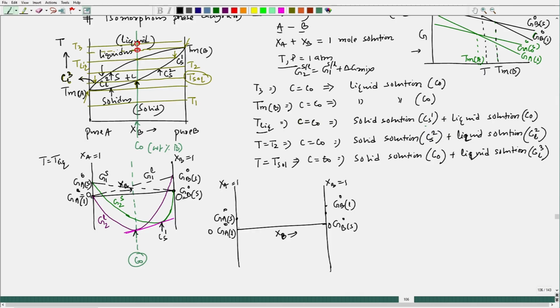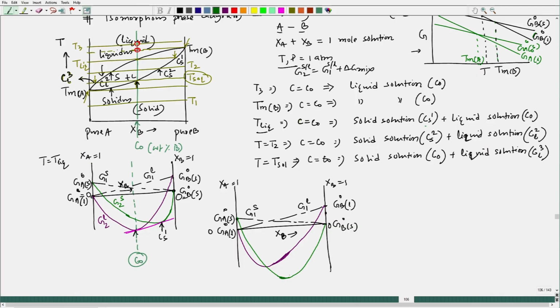So, we get one, this is G1 liquid, the another one is this is G1 solid, liquid line is this one, and the solid line would be like this way.